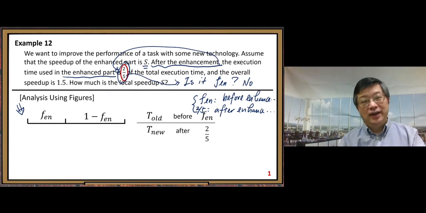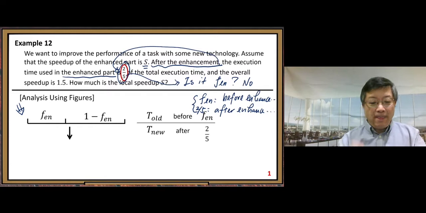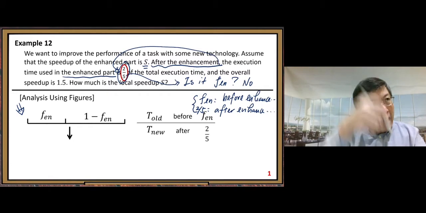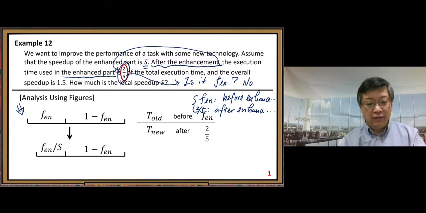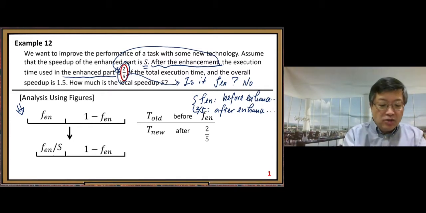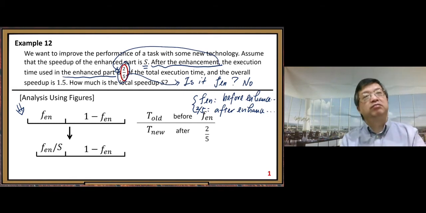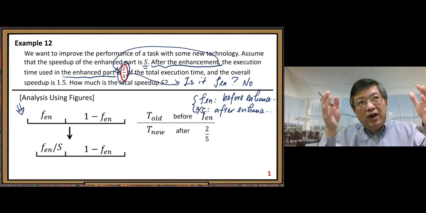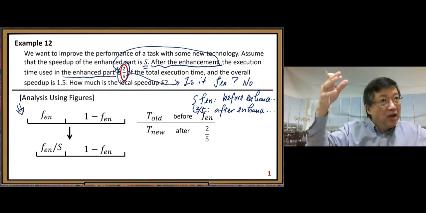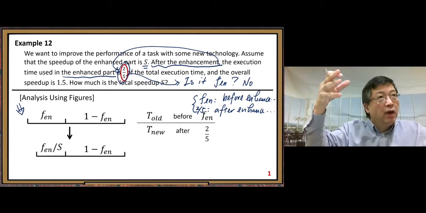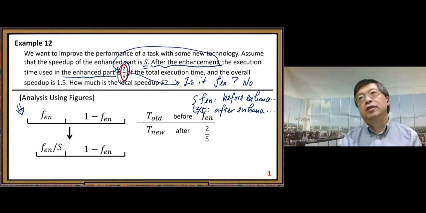Then this arrow going down is after. After, the enhanced part will become FEN over S, because the execution time of the enhanced part will be reduced.